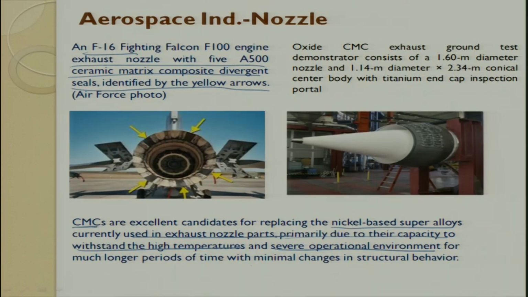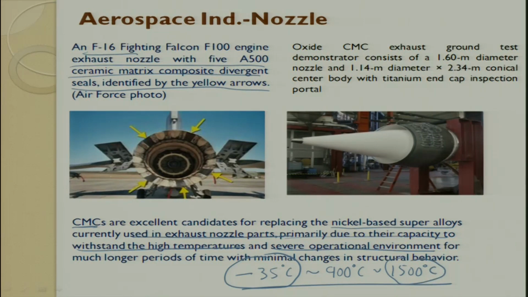For example, all these fighter planes go at minus 35 degrees C, and it can go up to maybe somewhere around 900 degrees C, or it can be also up to 1500 degrees C. This is the ambient temperature when it goes at very high altitudes, and this is the working temperature when it is burning.